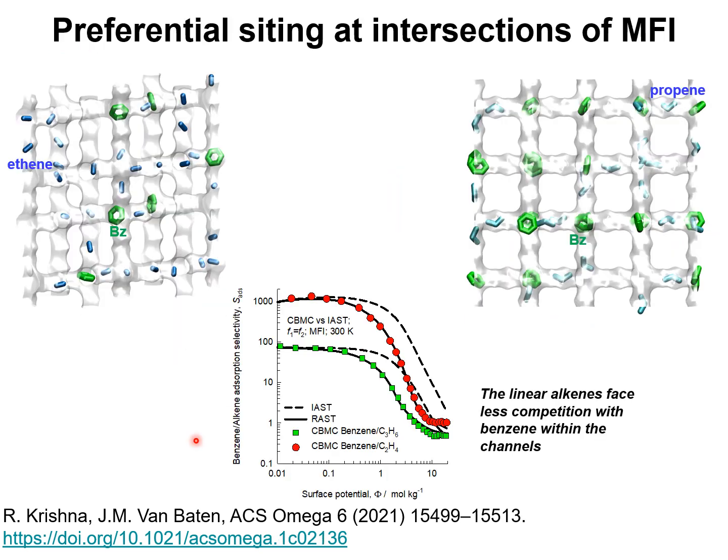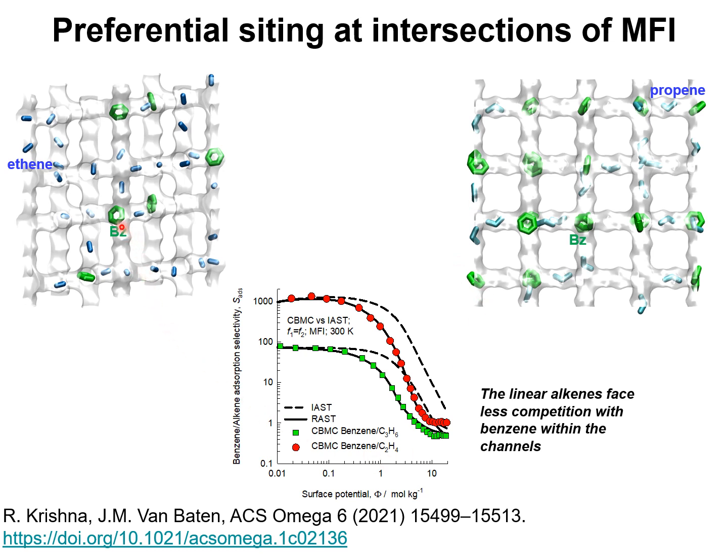The second scenario in which we have a non-uniform distribution of adsorbates within the pore landscape is when we have preferential siting of one of the gas molecules on certain locations. This is illustrated for mixtures of ethene and benzene in MFI zeolite, and propene and benzene in MFI zeolite.